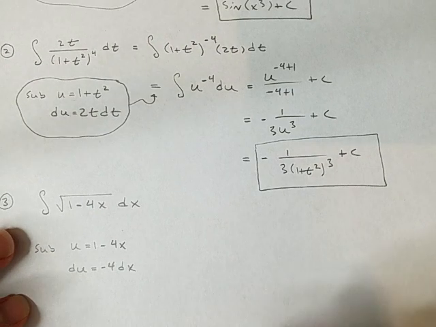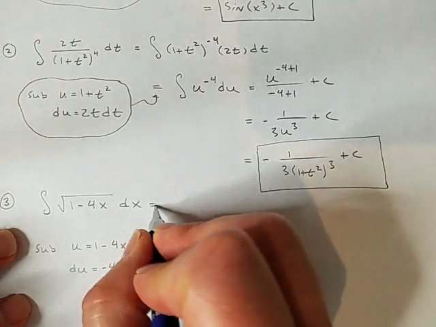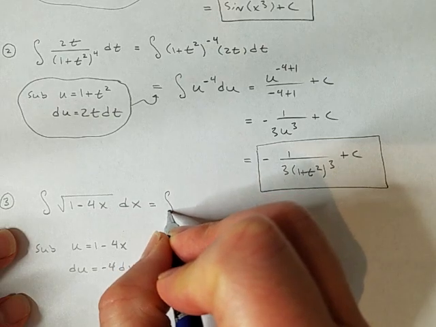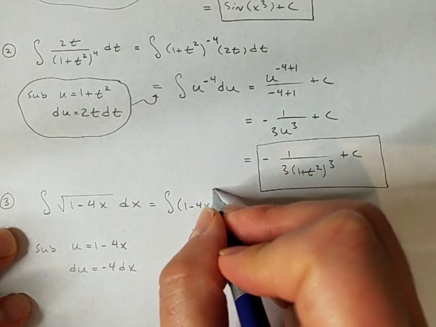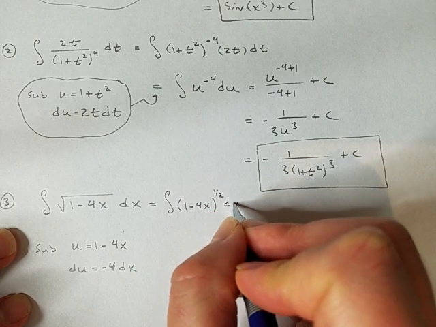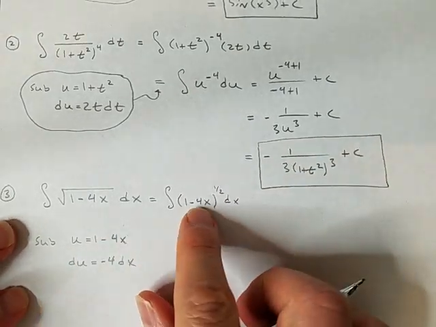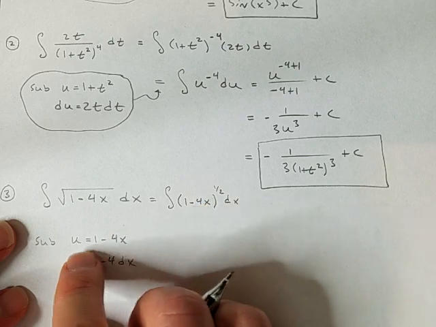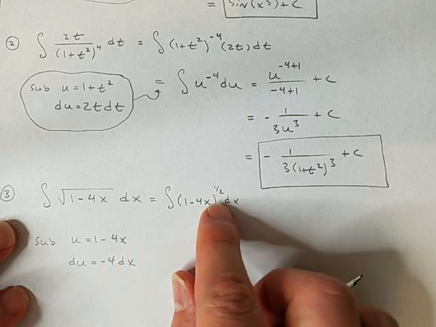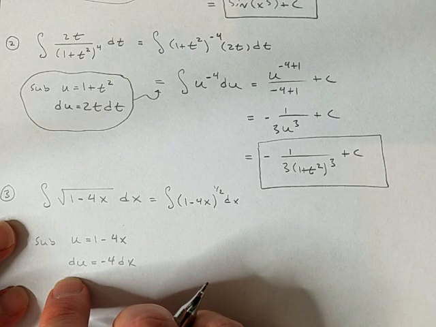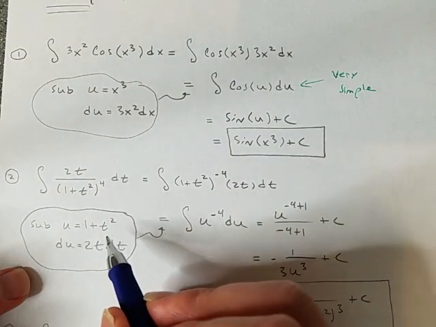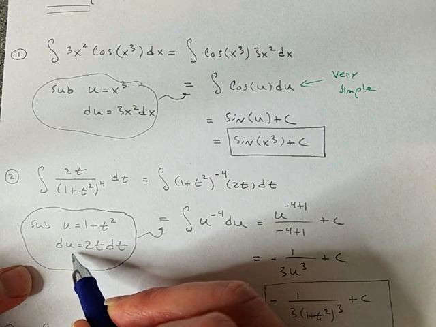Okay, now let's see. Does that fit up here? Let me do this. U is right there, right? 1 minus 4x, that'll be u. Do you also see negative 4 dx to put the du? I mean, the objective is we have to substitute u and du.